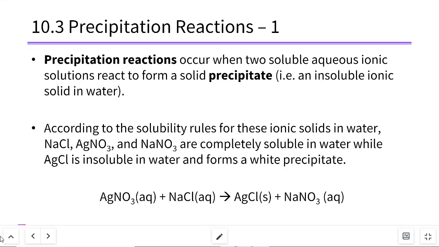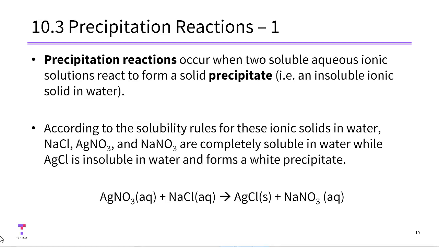Now, how do I know that these are soluble and that this is not? Well, other than just being told that the reactants are soluble, I need to follow my solubility rules. My solubility rules tell me, okay, hold on, I've got nitrate ion. Nitrates are always soluble, so that one dissolves in water.